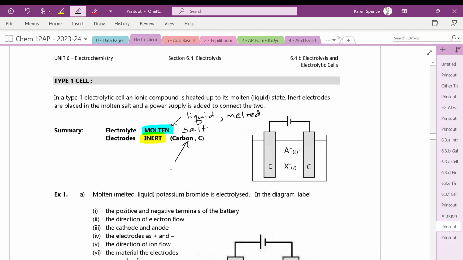Why? Because platinum might melt at that higher temperature. So graphite is a good choice. Graphite will not melt because all the carbon atoms are held together by very, very strong covalent bonds. Okay?